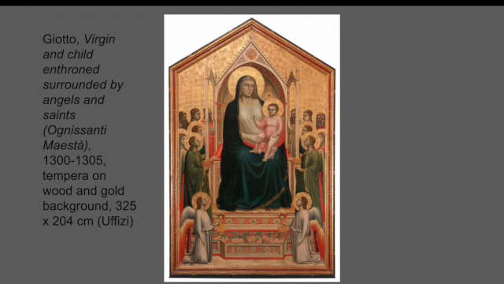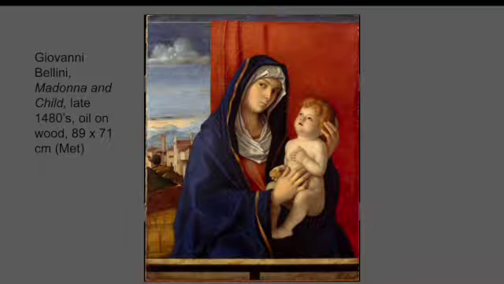Anyway, and we see here the gold of the halos as well. We see a certain amount of depth, but very much Mary is an extension of the throne, right? And she is holding the Christ child, who is kind of the center of this image, even though he is not centrally put exactly. We see the disc-like halo being featured here as well.